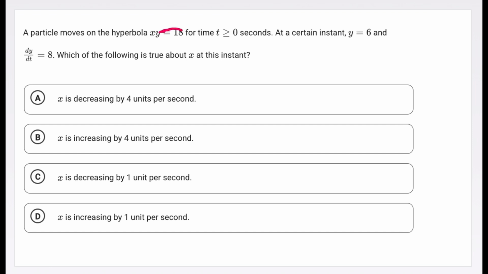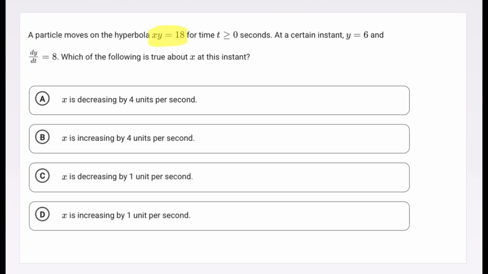Okay, so our function is x times y equals 18. So I'm going to go ahead and find the derivative of the first, which is x, which would be 1 times y. So 1y times dx dt plus 1x times dy dt equals 0.